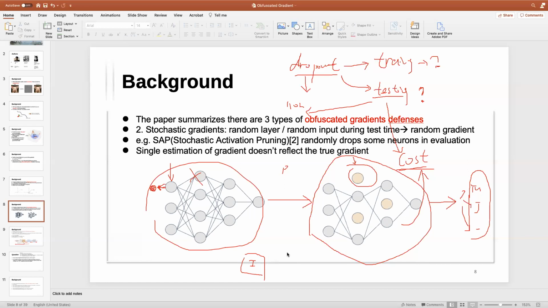I'm not sure whether I expressed myself clearly. Random perturbation is this. So is this an adversarial image or the original image? Original image. Yeah, if we're given the original images, if the model is well trained, and we apply random perturbation on the images, then the prediction will not change much.